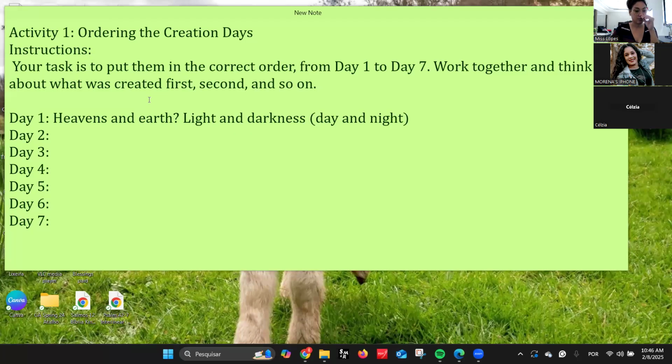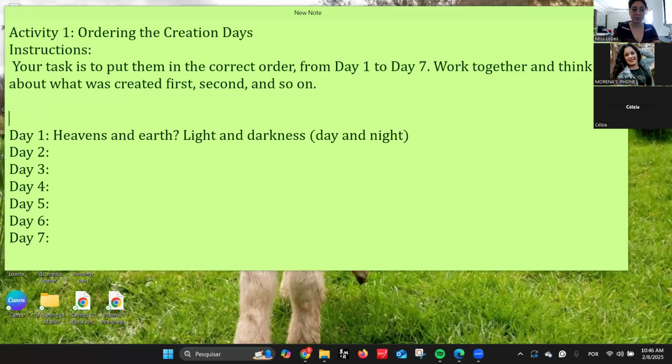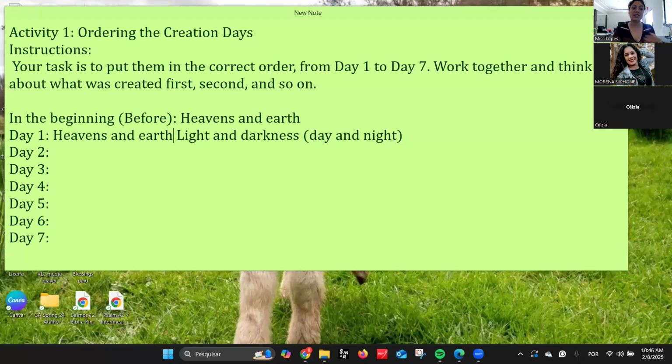Heavens and the earth in the beginning. So it could have been before the creation. Maybe before. And that is when science, sometimes people say, the earth is very old. Maybe the earth is very old, but then when God decided to create the earth, that's one possibility. Nobody really knows. So what happened on day 2?